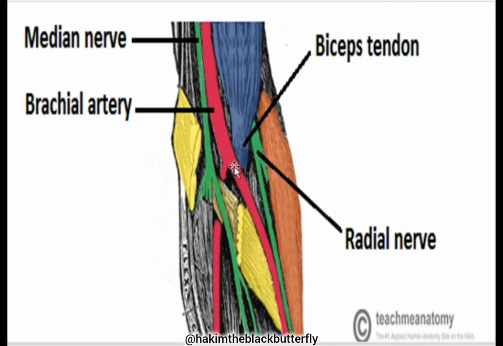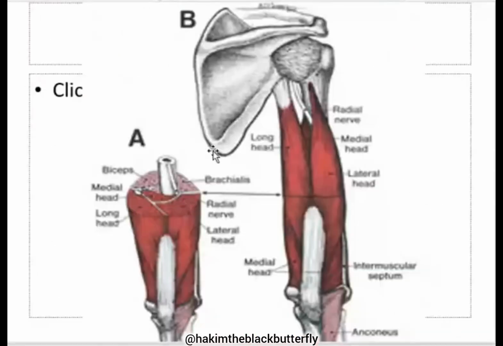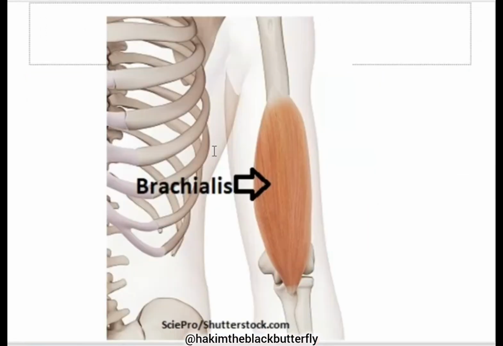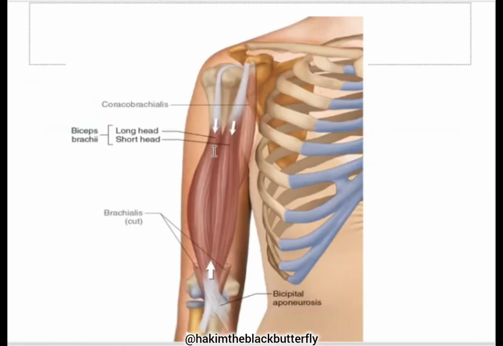What covers these contents? Remember when I was talking about biceps brachii, I talked about what we call the bicipital aponeurosis. Part of the biceps tendon becomes an aponeurosis and inserts into skin. So this bicipital aponeurosis, as it's going to insert into skin, covers the contents of the cubital fossa, so they are below it.